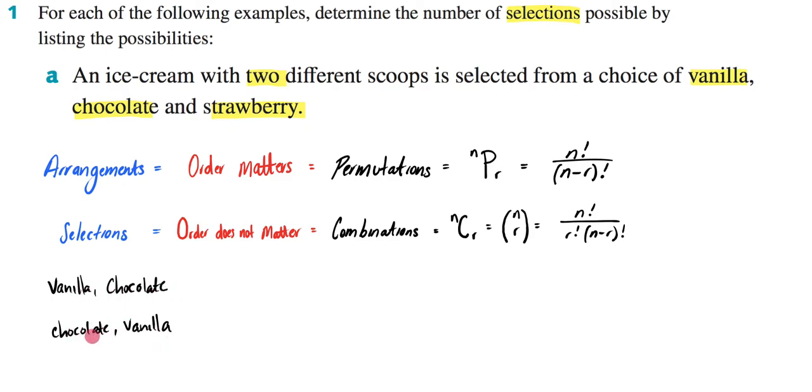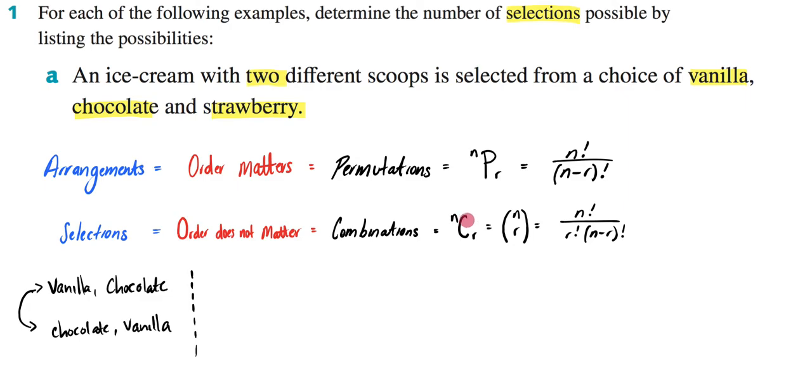The order is different, but while I'm eating my ice cream, the order doesn't matter. All that really matters is the different scoops being selected. So we would count this as one possibility. We do not care about the order, so I'm just going to put a little arrow to show that. Let's now use our notation to answer this.